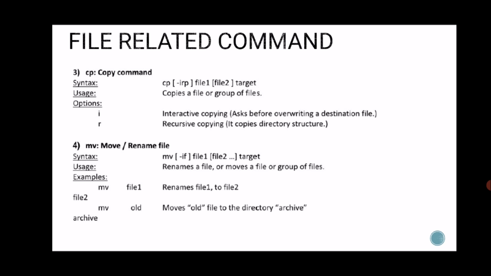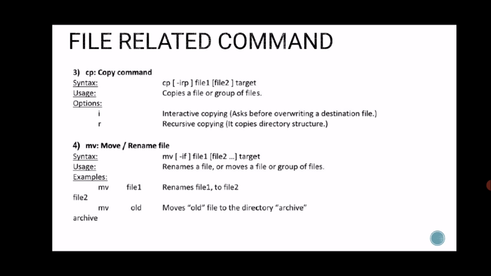Now there are two options: interactive copying or recursive copying. If we want to be asked before overwriting a destination file, this is interactive copying, and if we want to copy the directory structure, then it is recursive copying.